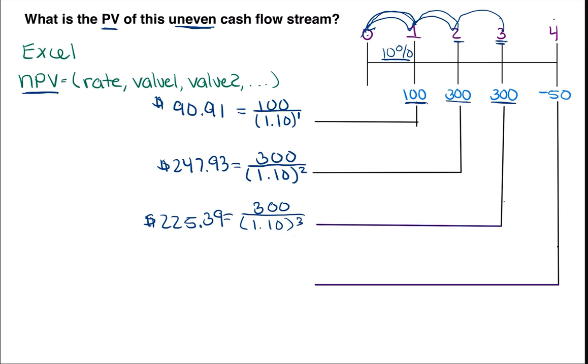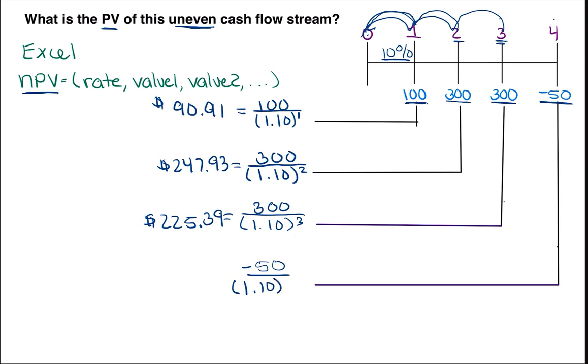Then we have our last payment amount, which is a negative value, and sometimes we will have negative cash flows in our problems, and that is completely okay. So we're going to do negative 50 divided by 1 plus the interest rate, which is 10%.